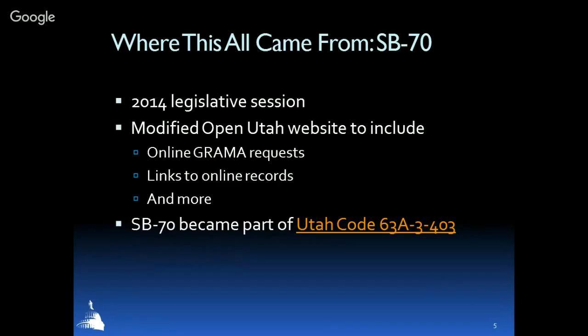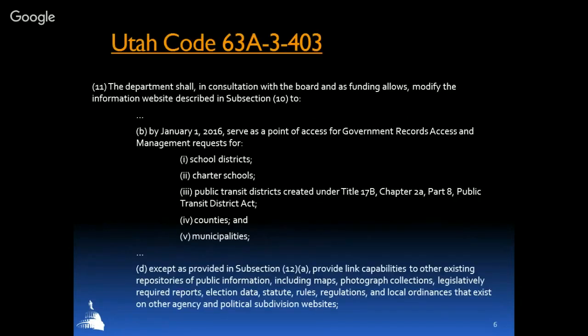This is the part of the code that is applicable here: the Open Utah website will serve as a point of access for government records access and management requests. And this year, 2016, it will be for local agencies, these local agencies.